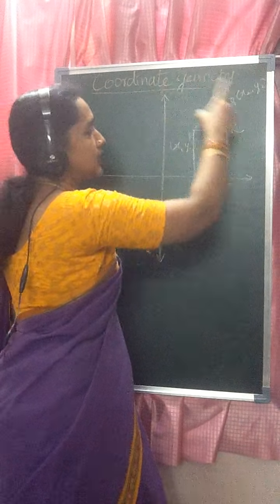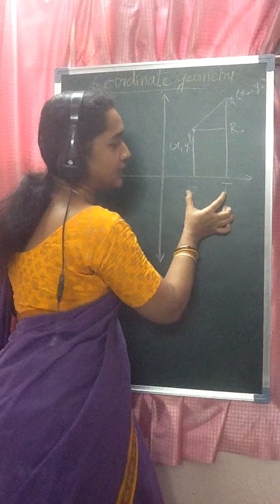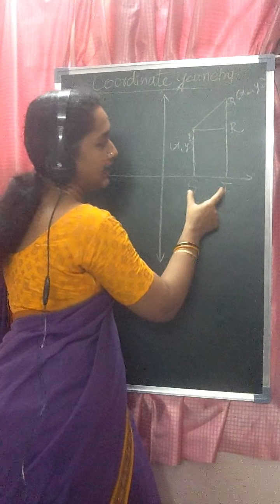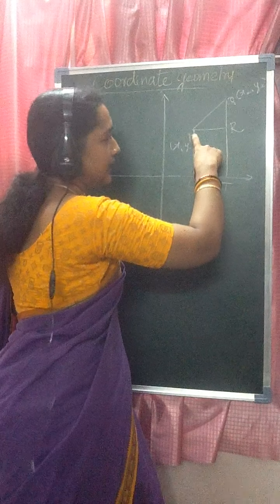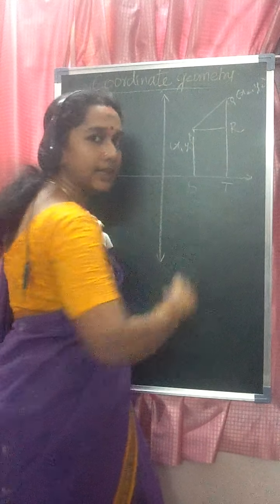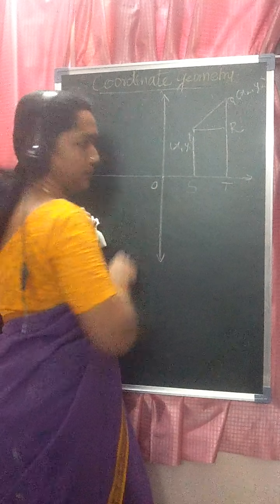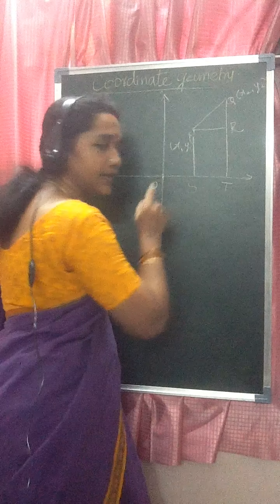A few things I wanted to say: the length of PR and the length of ST will be the same. In the same way, the length of PS and the length of RT will be the same. This one is the origin. What is the distance between O and S?